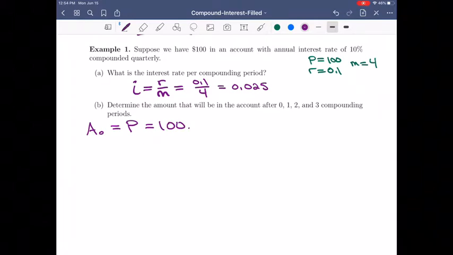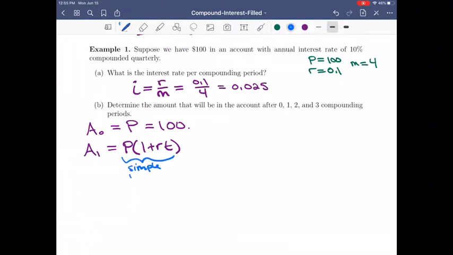We haven't done anything yet. After 1 compounding period, we have no accrued interest, so the interest that we get is all going to be on the principal. So we can use the simple interest formula. This is P times 1 plus RT. So we're using here the simple interest formula.